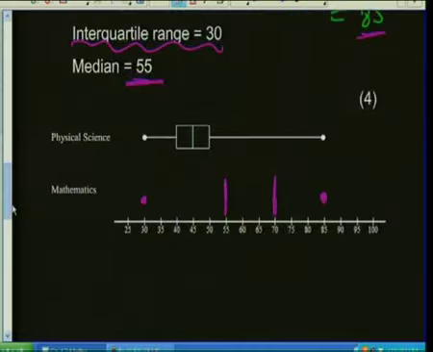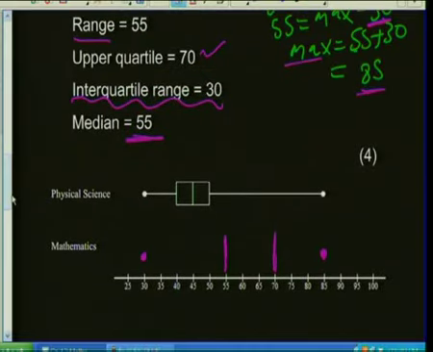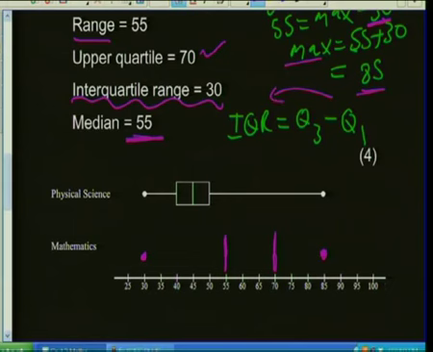Interquartile range is the upper quartile, which is Q3, minus Q1. So I want Q1 in this case. So Q1 is, I can bring this side and bring this side. So Q1 is equal to Q3 minus interquartile range.